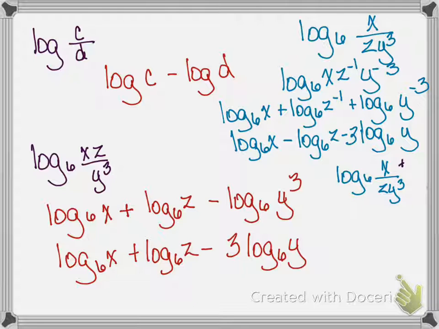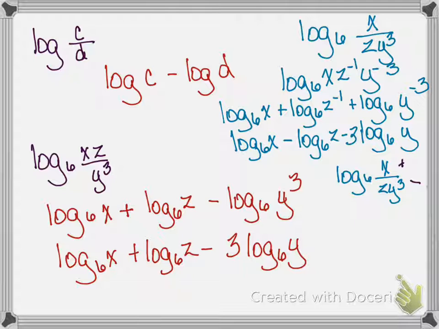If it's in the denominator, what am I going to be doing? Subtracting. Okay? So you don't have to go through that process. I just want to show you why. Students, when they've got more than one thing in the denominator, they don't realize that you are actually subtracting everything that's in the denominator. That is a very common mistake.